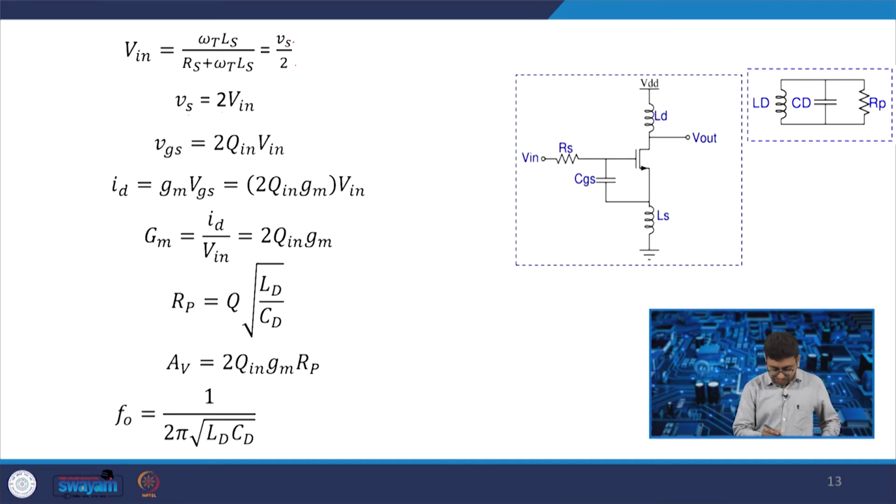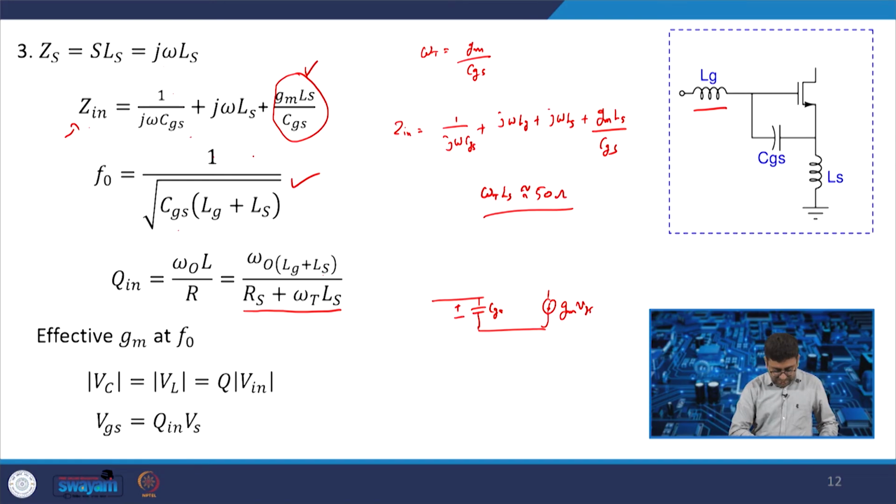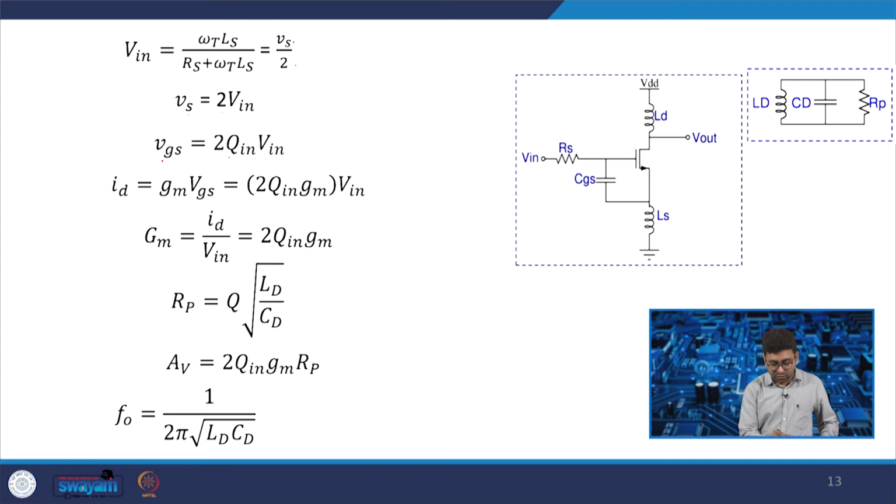So you will get Vgs, which is 2Q, because your Vgs is equal to Q in into Vs. Vgs you will get as 2Q in into V in. So your ID current is Gm into Vgs. So you can directly write ID as 2Q in Gm into V in.